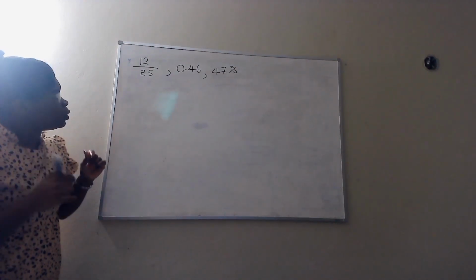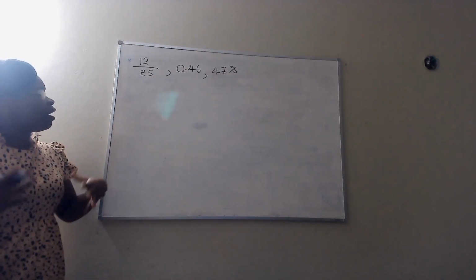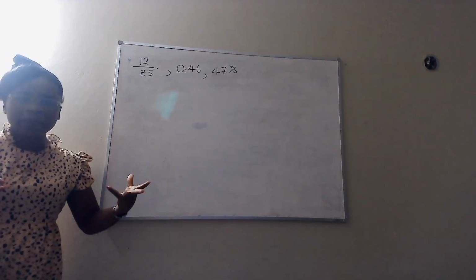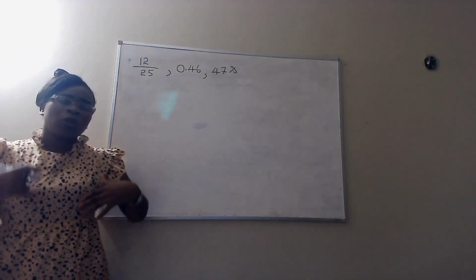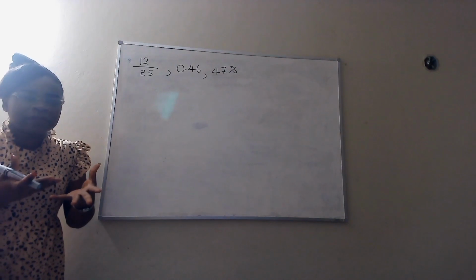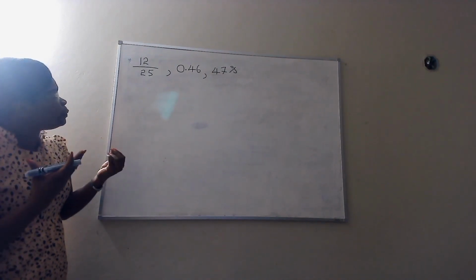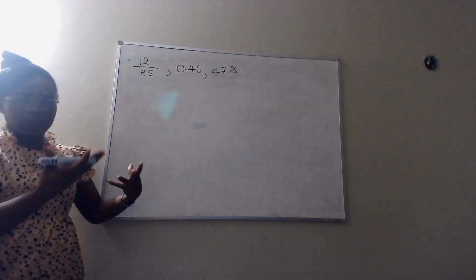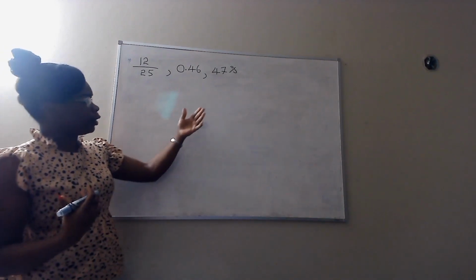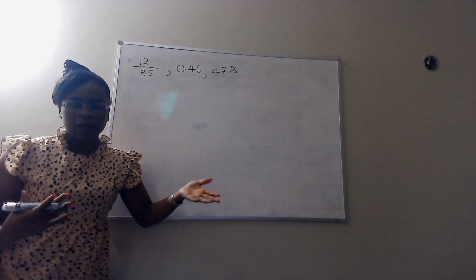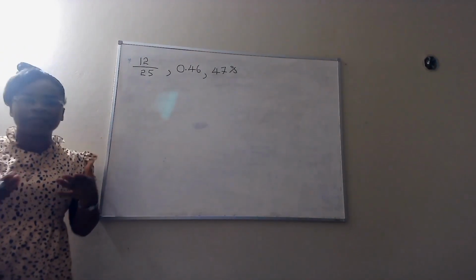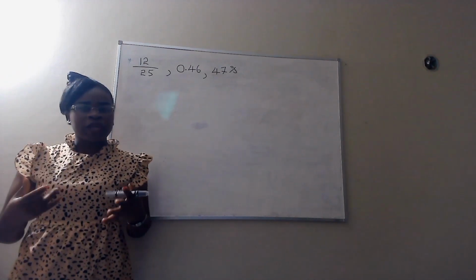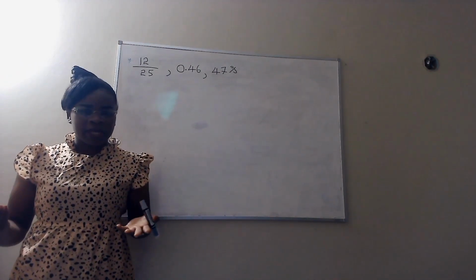However, you notice we have a lot to work with. We have a fraction, a decimal, a percentage, right? We could have seen things more clearly if we were just working with decimals or percentages. With fractions, it's not so easy to tell unless they share the same denominator.